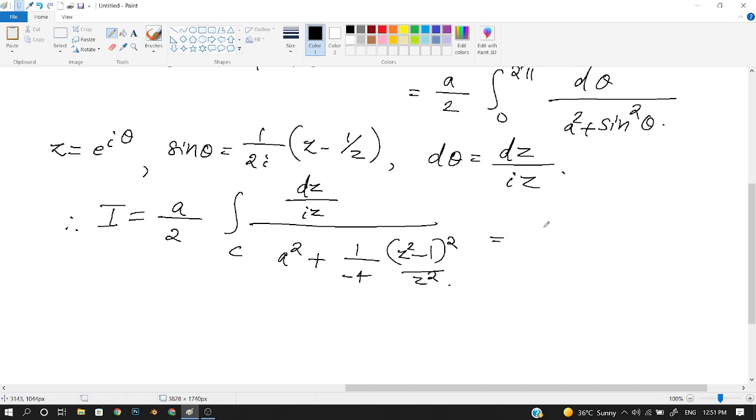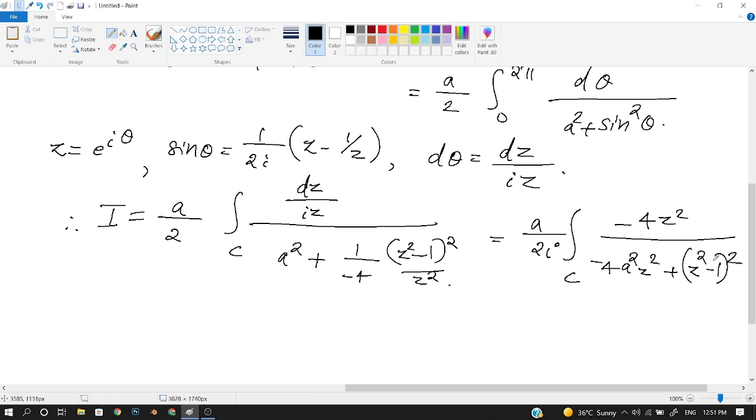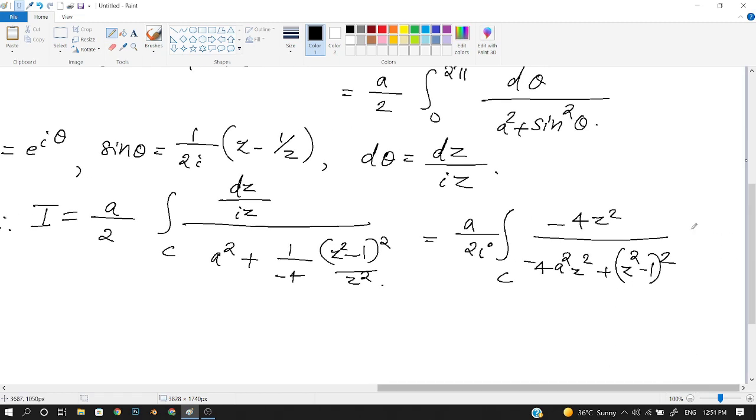Now this is same as a by 2i integral over C minus 4z square divided by minus 4a square z square plus z square minus 1 the whole square into dz by z. Now here we can cancel one z also.